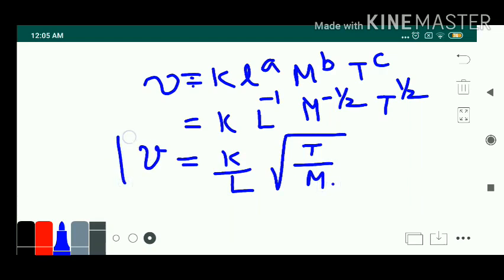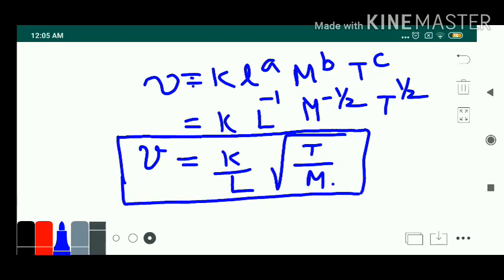This expression you will learn in the later chapter, the last chapter, waves. But you will get the expression by using dimensional analysis. This is how we are using dimensional analysis to find the expression of any physical quantity when you are given which quantities it is depending upon, right? You are given it depends upon tension, mass per unit length and the length of the string, right?